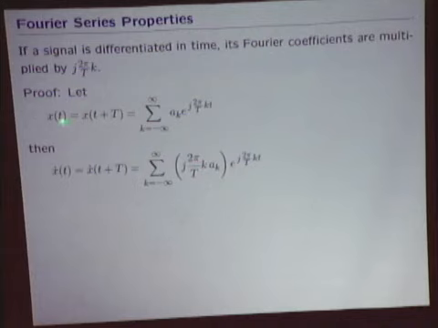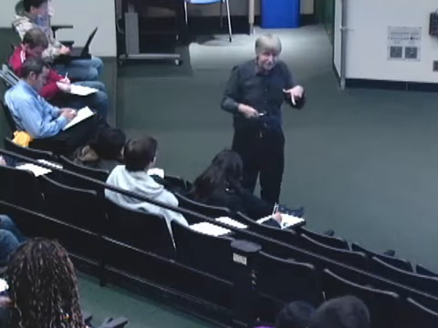If we assume for the moment that we can represent x as this kind of a sum, differentiation is linear. The derivative of a sum is the sum of the derivatives. The derivative of sine waves is easy.